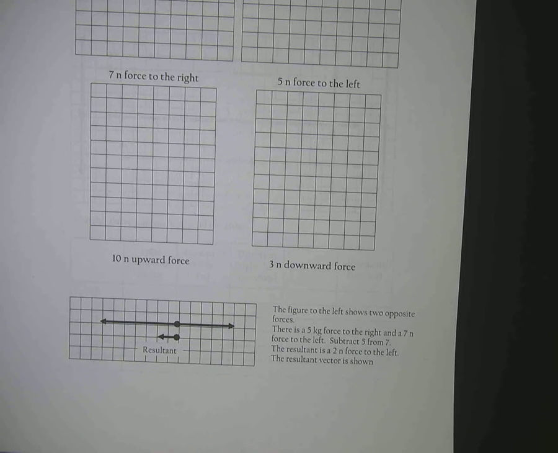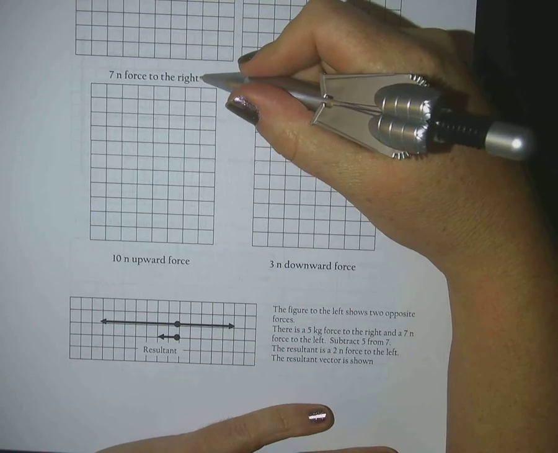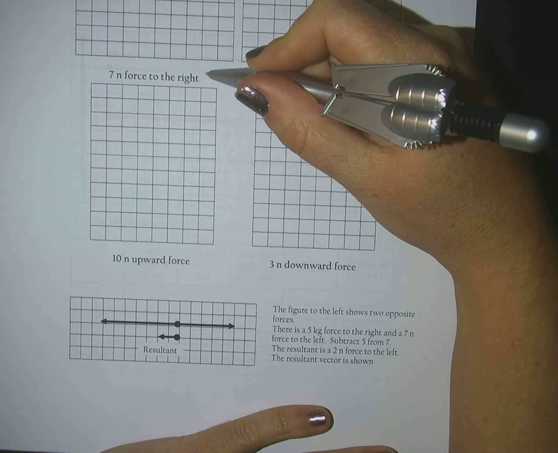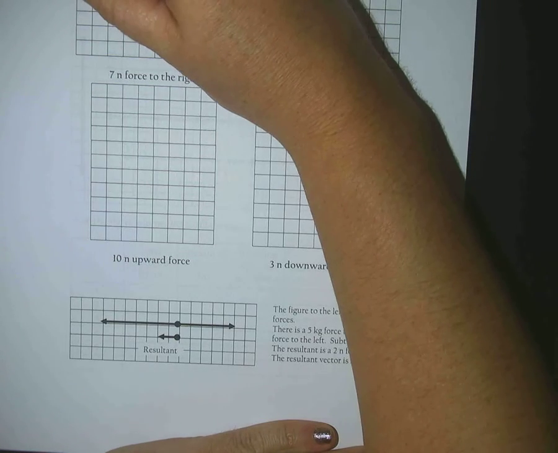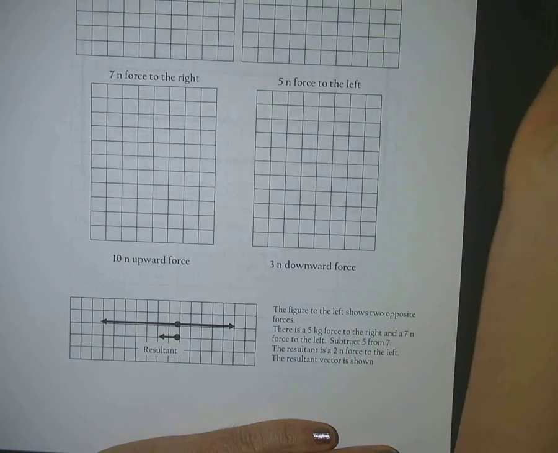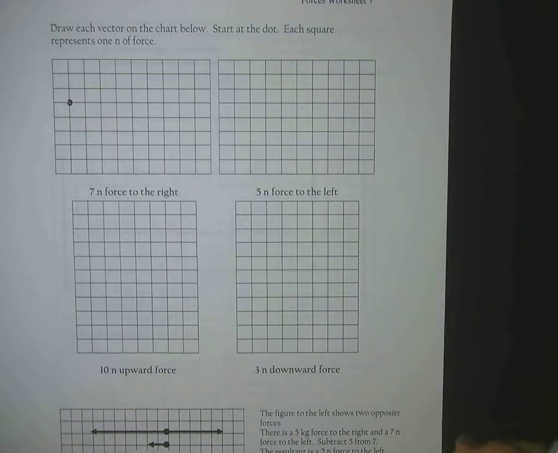All we have to do here is draw each vector. So look. The first one's right here. 7 newtons of force to the right. If I'm going to the right, I'm going to start my picture to the left. And I'm going to draw my dot because that's where the force begins. Okay.